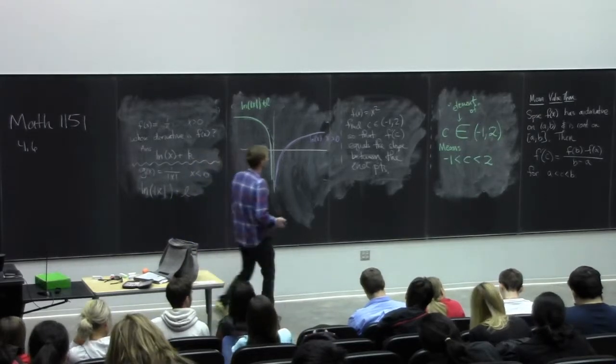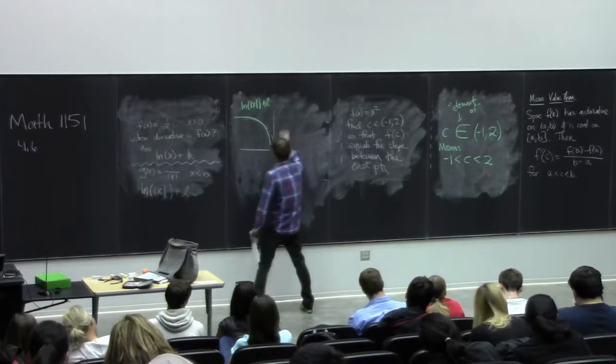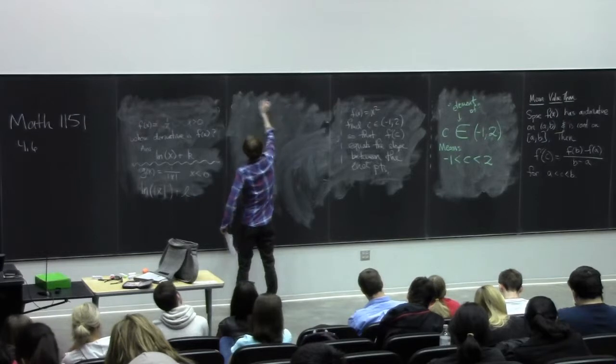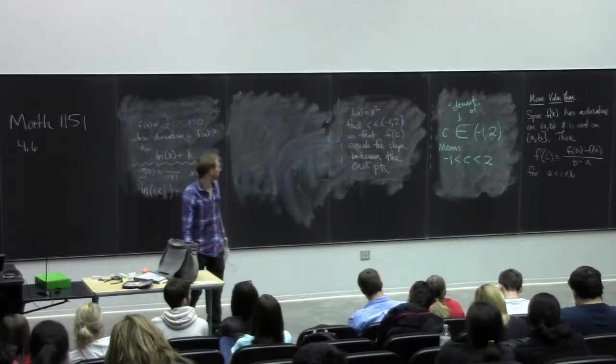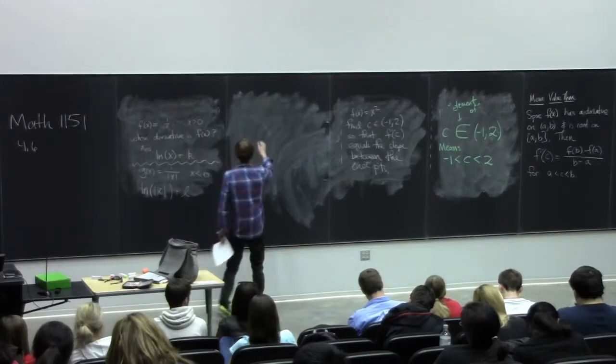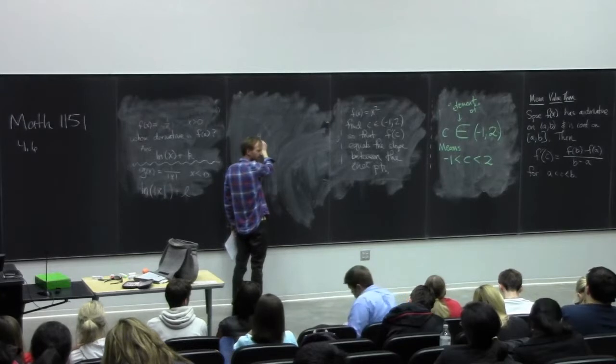All right. So how do we do this? We use the mean value theorem. Well, we don't even have to use it. We just basically do what the mean value theorem says. We're doing x squared. So what's f of 2 equal to? 4, right?